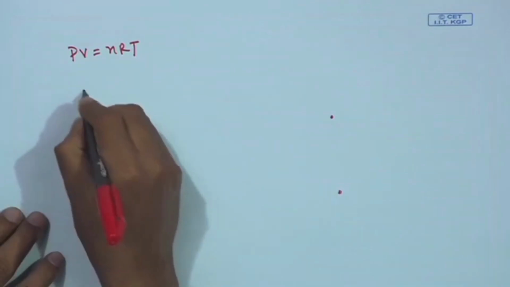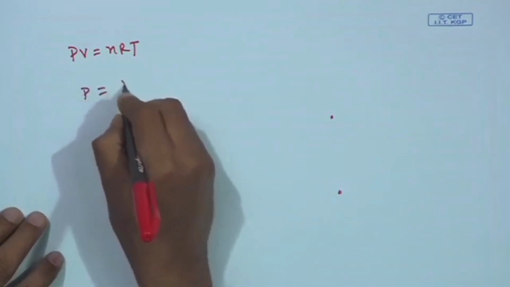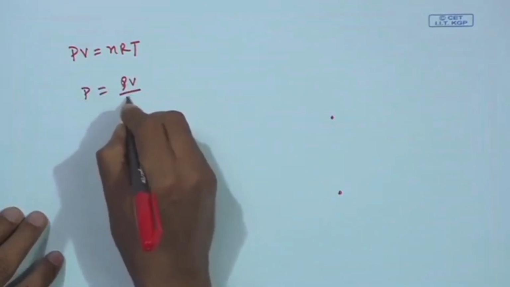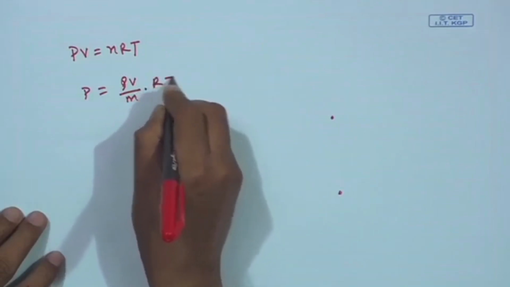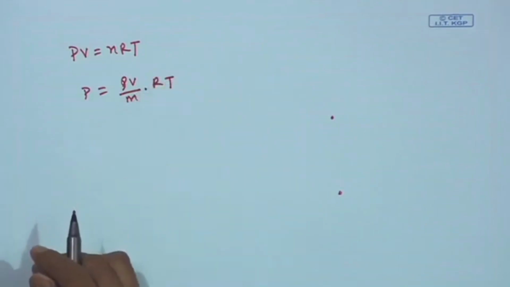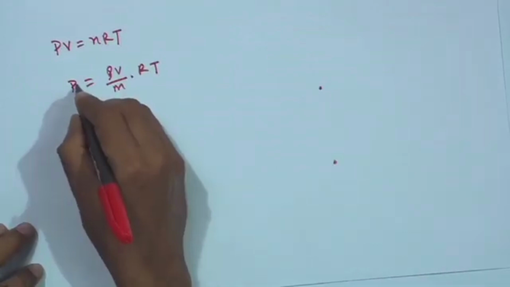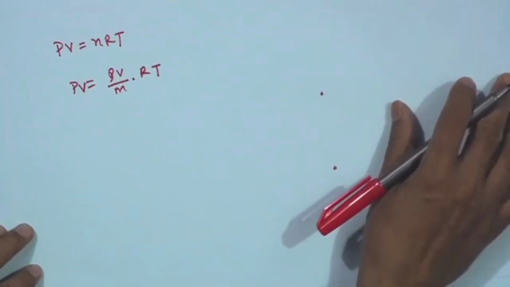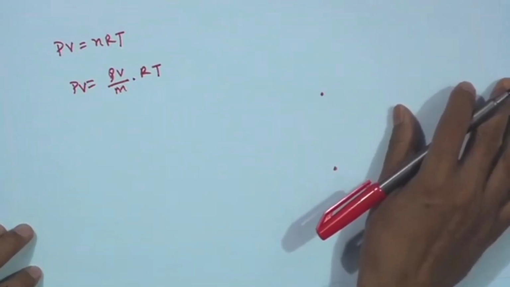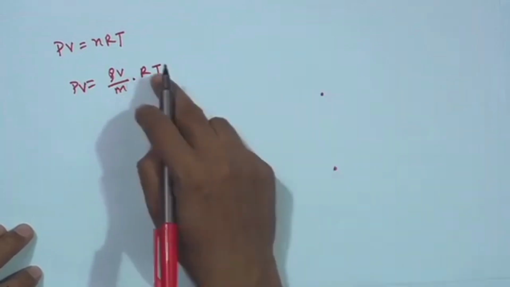Or I can say P is equal to rho V divided by m into R T, where rho is the density, V is the volume, m is the molecular weight of the air, and R and T are as before.